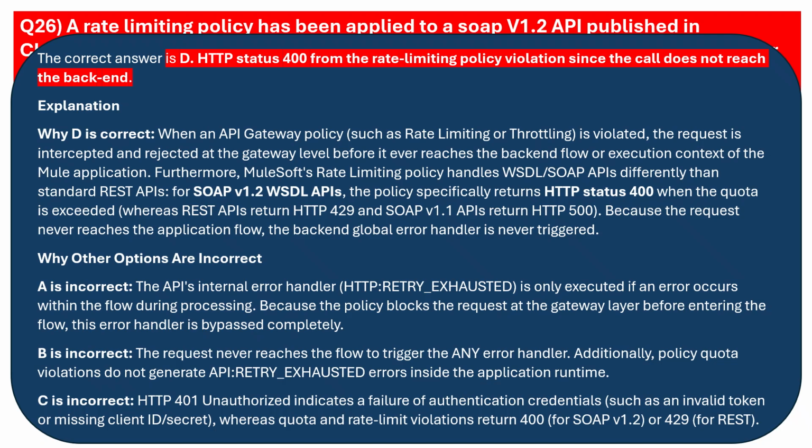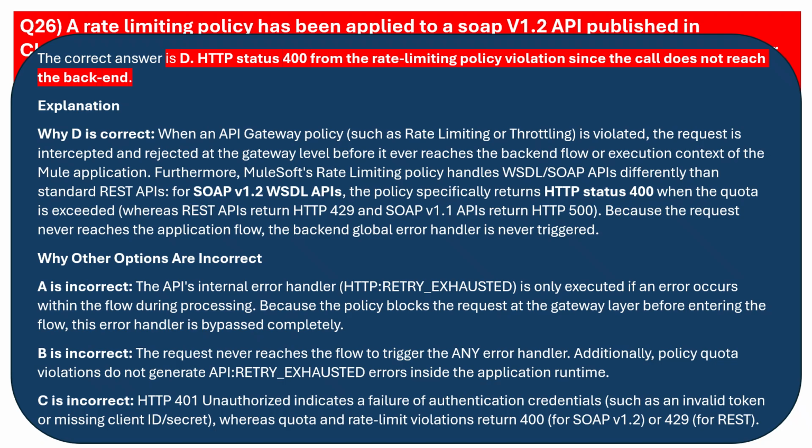Why other options are incorrect. A is incorrect. The API's internal error handler, HTTP:RETRY_EXHAUSTED, is only executed if an error occurs within the flow during processing. Because the policy blocks a request at the gateway layer before entering the flow, this error handler is bypassed completely. B is incorrect. The request never reaches a flow to trigger any error handler.